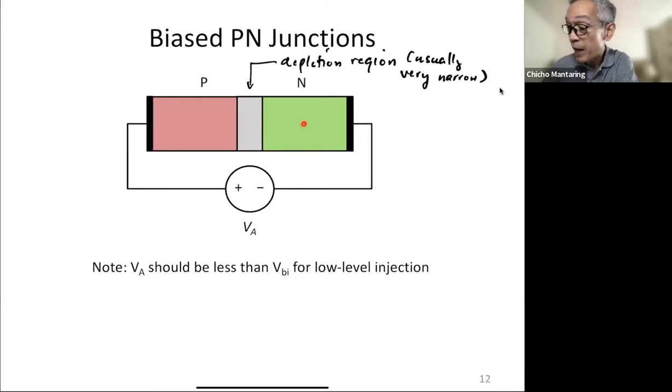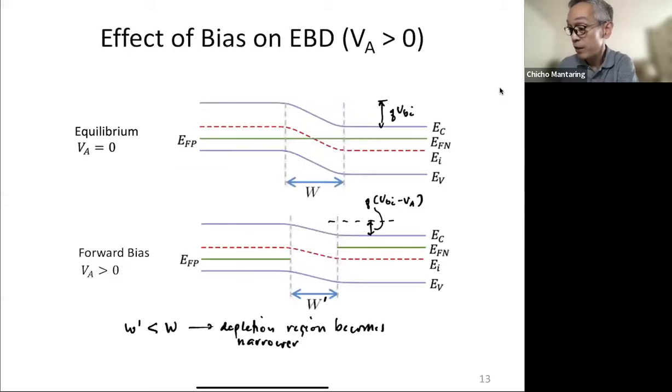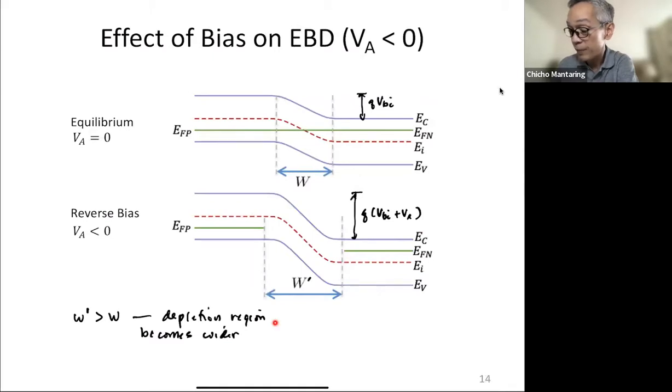When I attract my electrons to the right and my holes to the left, this depletion region gets even bigger. There's going to be less recombination because I'm pulling my electrons to the right and my holes to the left. So that's what's happening here.